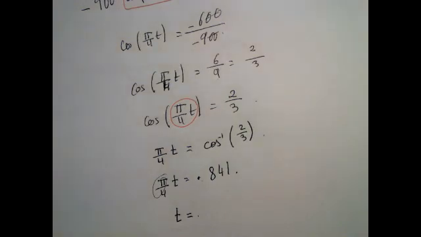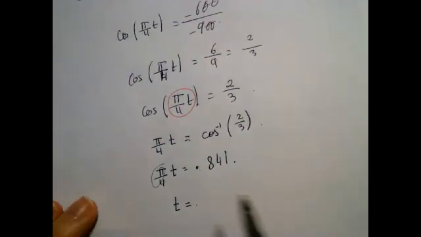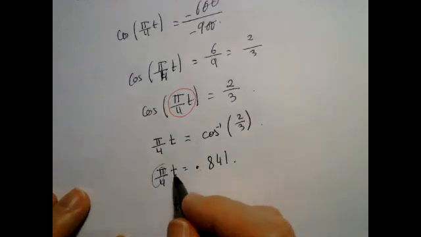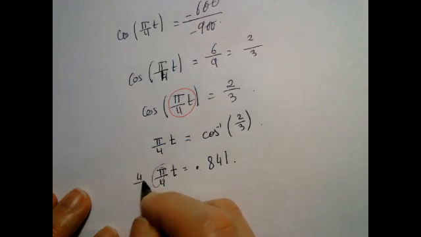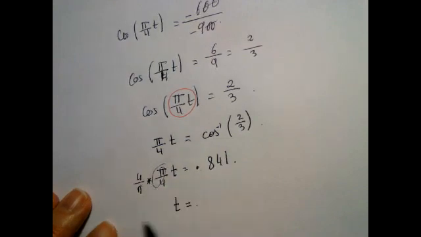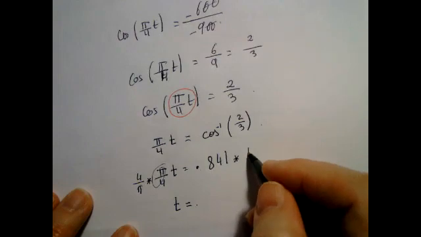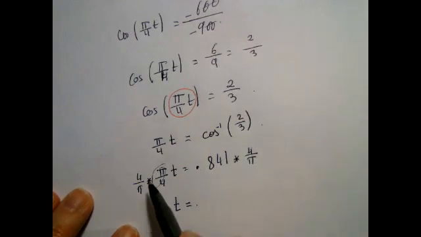Multiply by 4, divide by pi. So what your classmate is saying, that's one possibility. To isolate my t, I multiply both sides by 4 over pi. And the benefit of that is those 4 simplify.